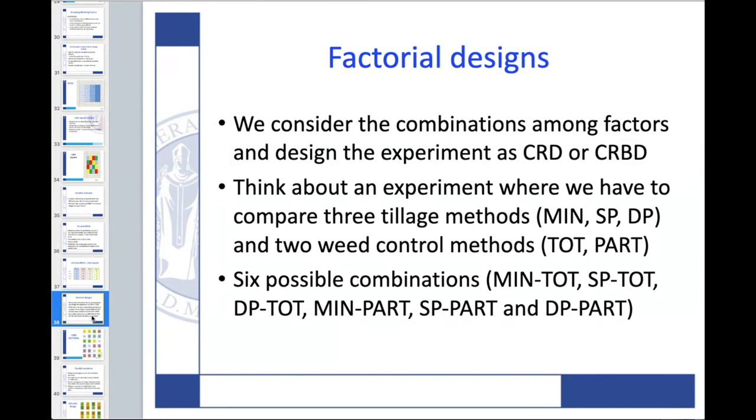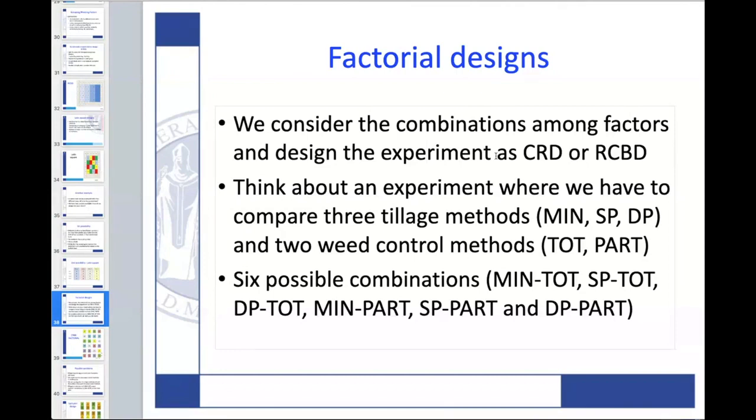We can simply design factorial experiments by using completely randomized designs or randomized complete block designs. I need to make a correction here because this is RCBD. But there might be some specific designs for factorial experiments.